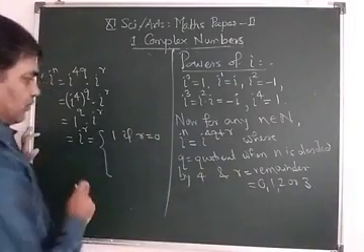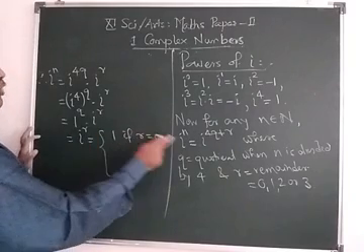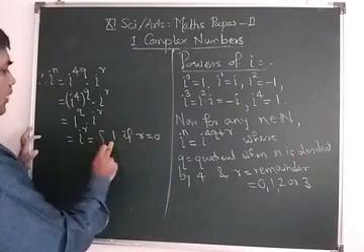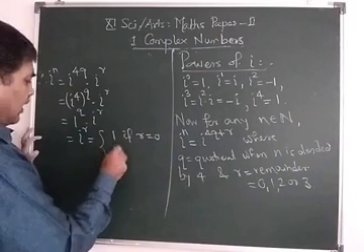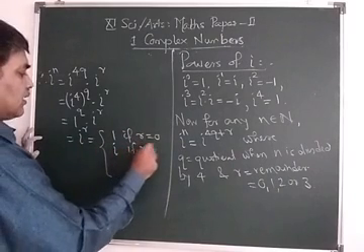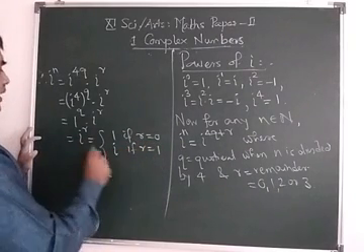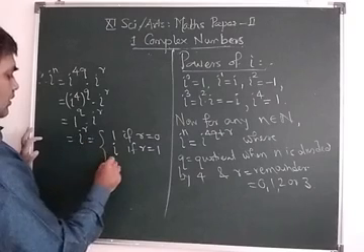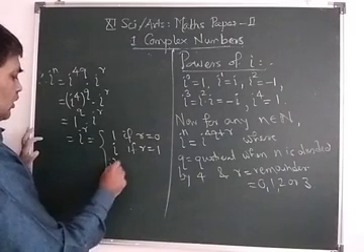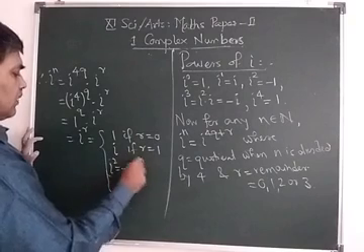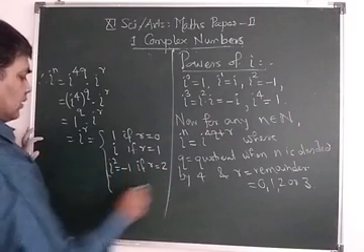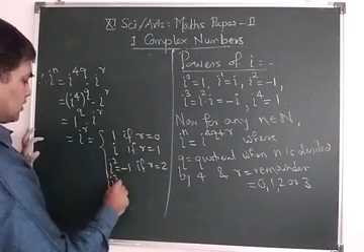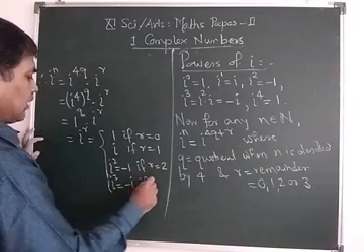It is i if r is 1, i square equal to minus 1 if r is equal to 2, and i cube is equal to minus i if r is equal to 3.